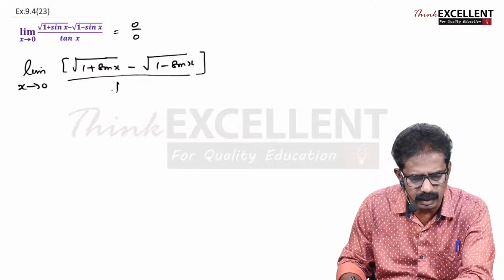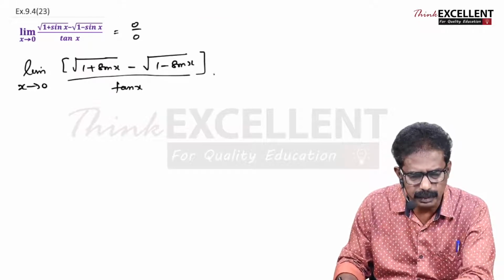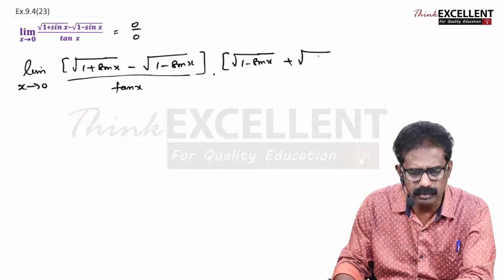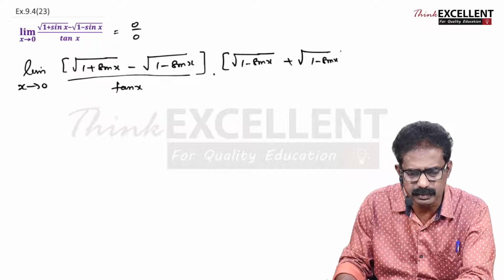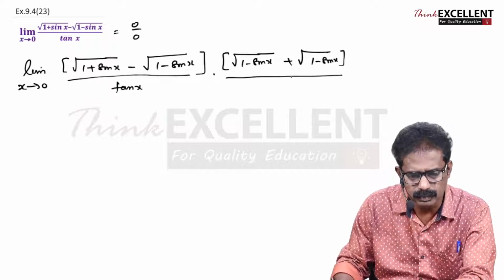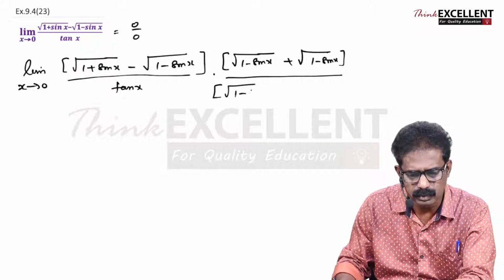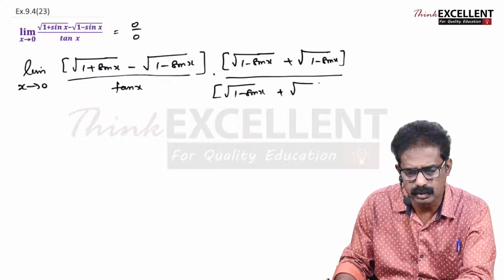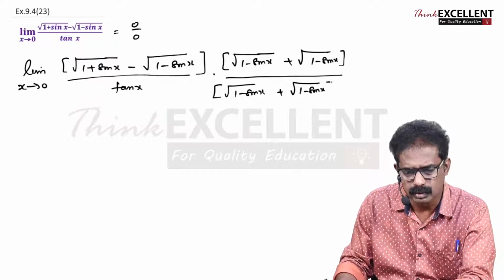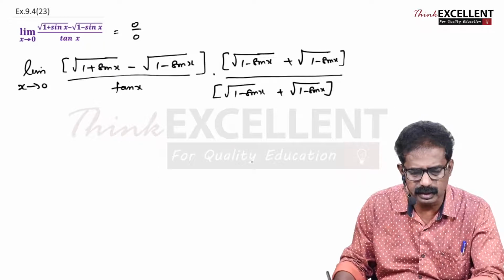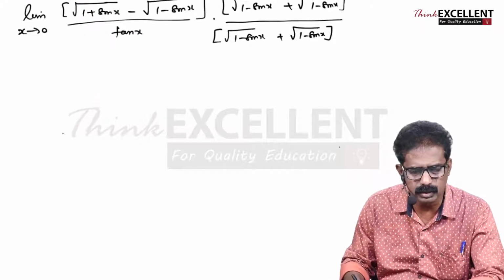You multiply by root of 1 plus sin x plus root of 1 minus sin x. Now you see the numerator is of the type a minus b into a plus b.